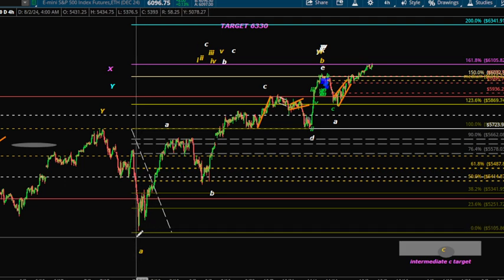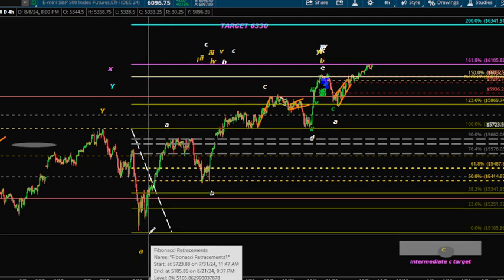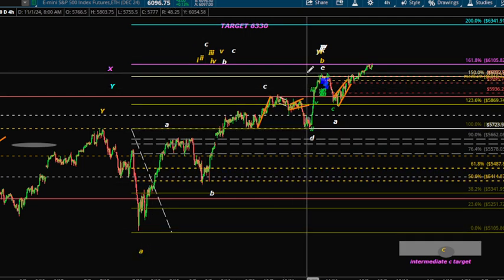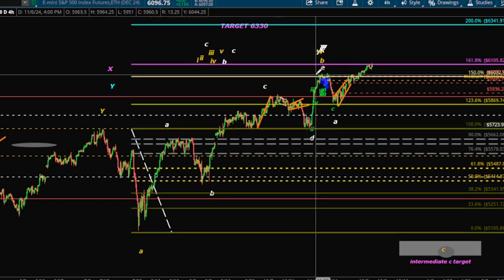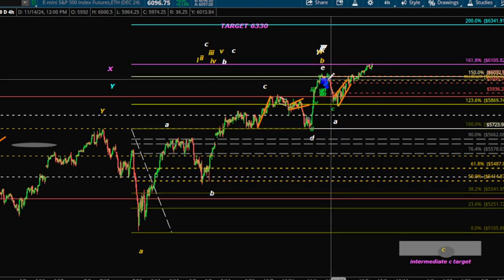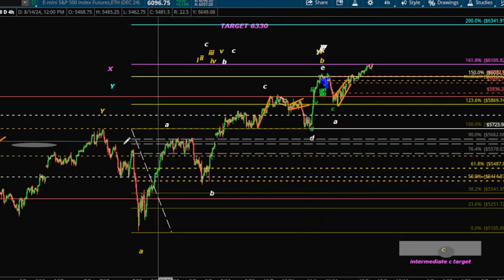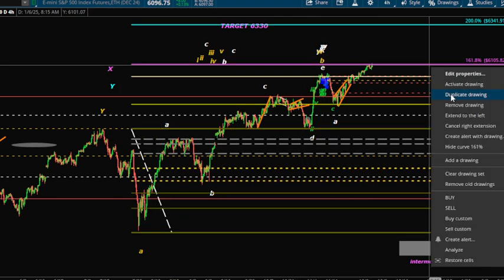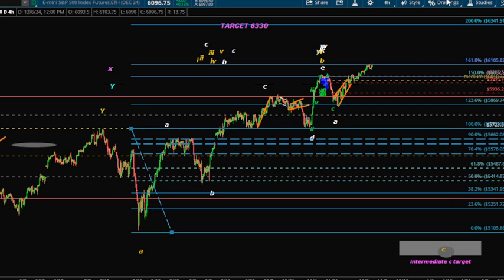I'm not zoomed in, but anyways, that gives me this 161 target. So it's complicated because it's hard to explain.